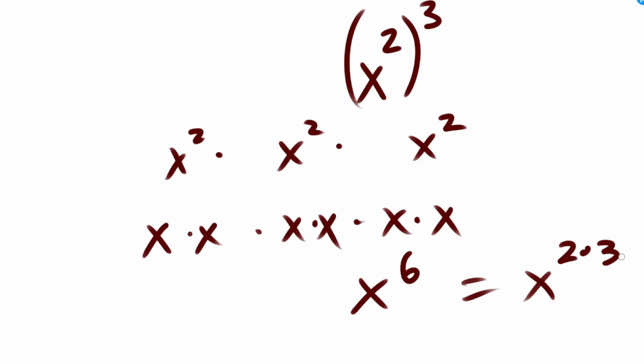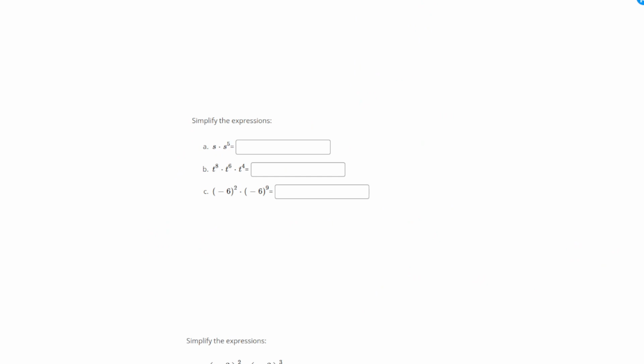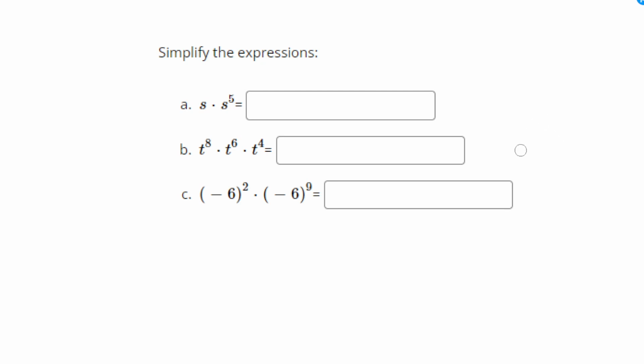So those are our main exponent rules that we will be dealing with in this chapter and the next chapter. Not chapter, but section. So now, we will use those rules to solve some of the equations in our homework.